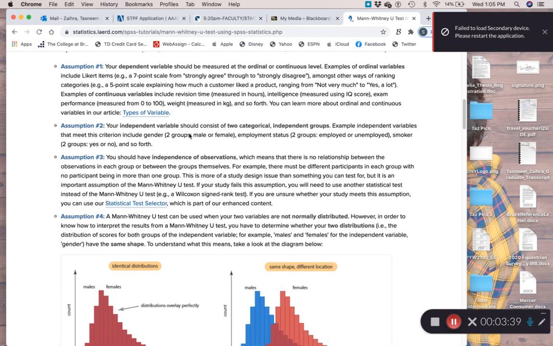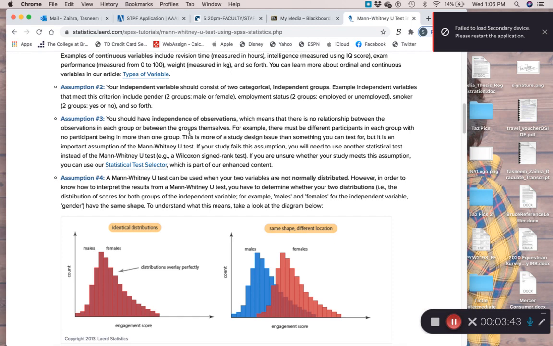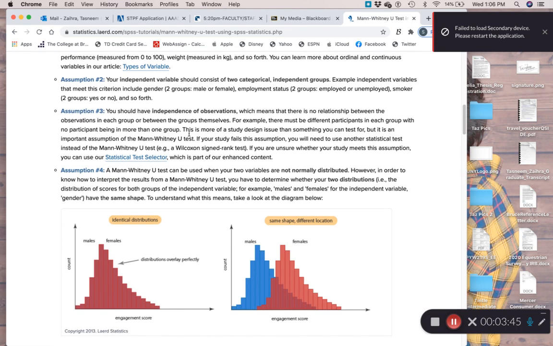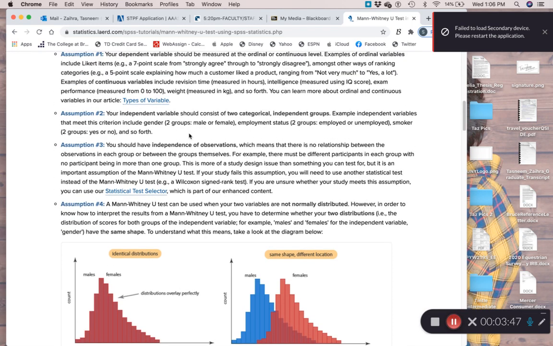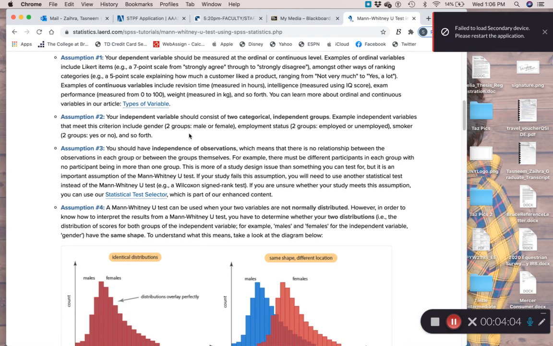There was a lab that you had to do where you could learn different levels of measurement. So keep in mind, the first thing is the data should be either ordinal or continuous. That is your dependent variable. Your independent variable should consist of two categories, two independent groups, right? If you have more than two, then you would use the Kruskal-Wallis test.